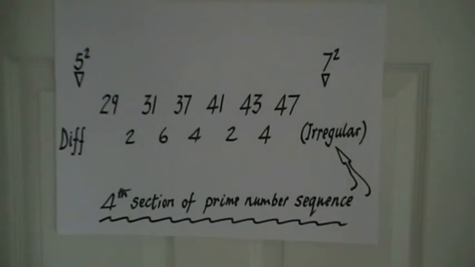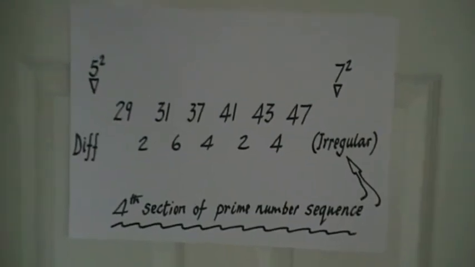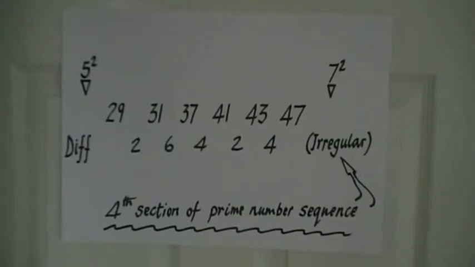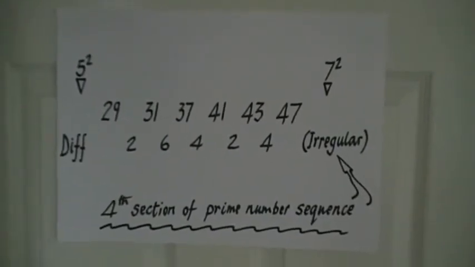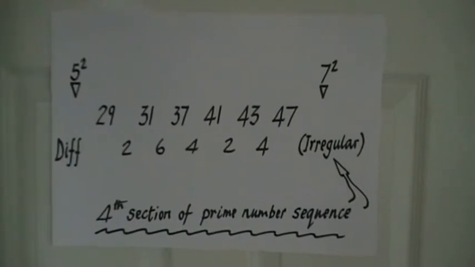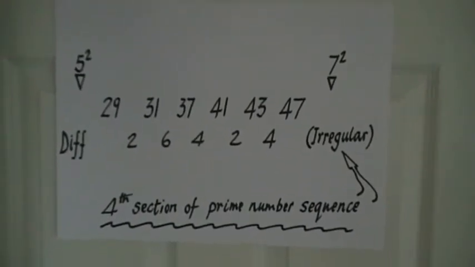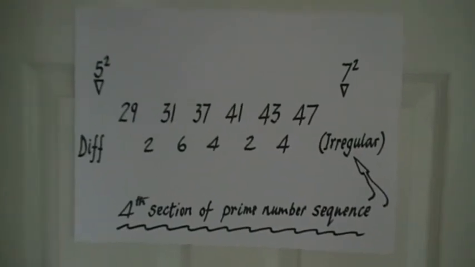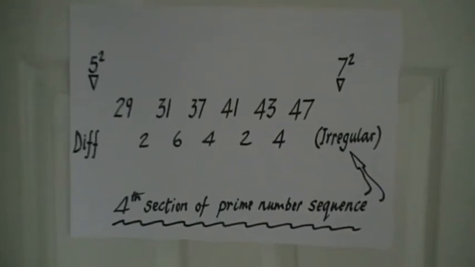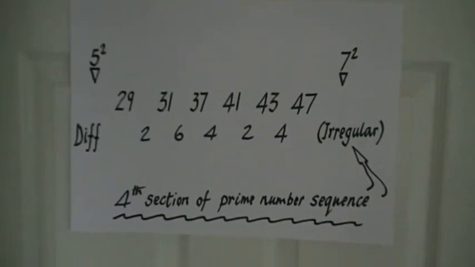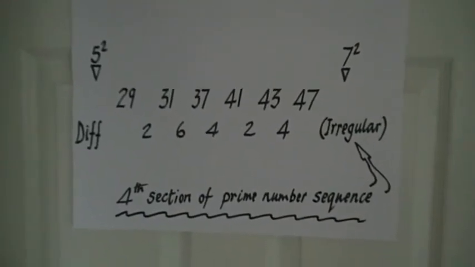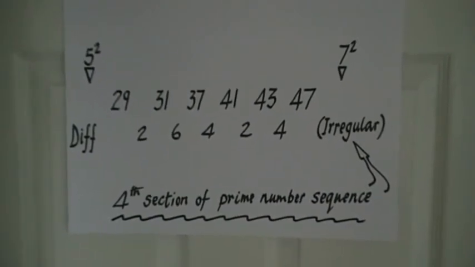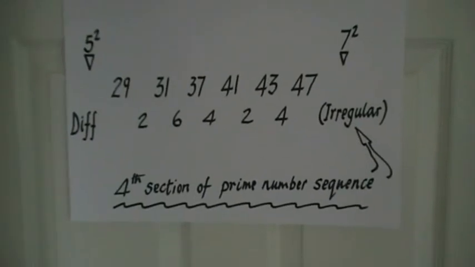That's a length of 18, but the pattern length is 30, and so we get no repetition when we look at the differences, which are 2, 6, 4, 2, 4. It's irregular now, and will be for every section of the prime number sequence after this. And this is why the primes are irregular, because the section length is less than the pattern length.